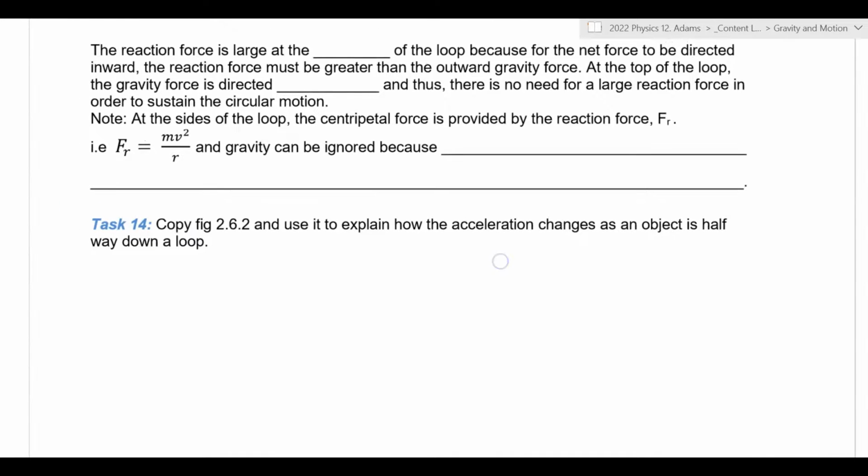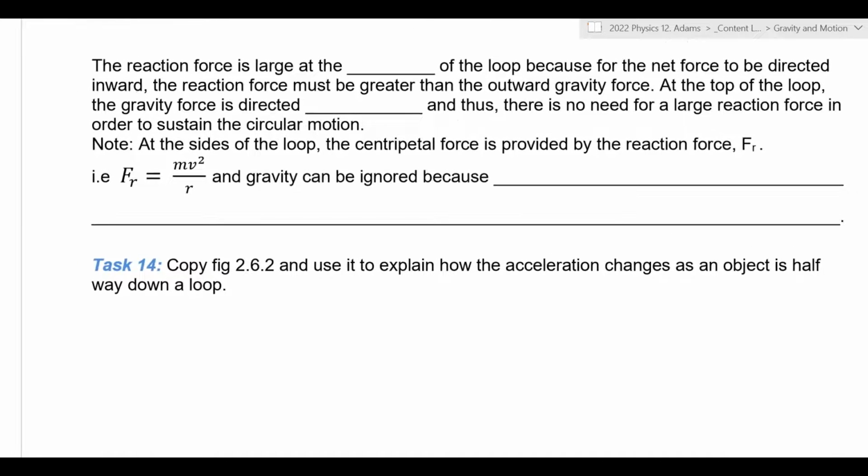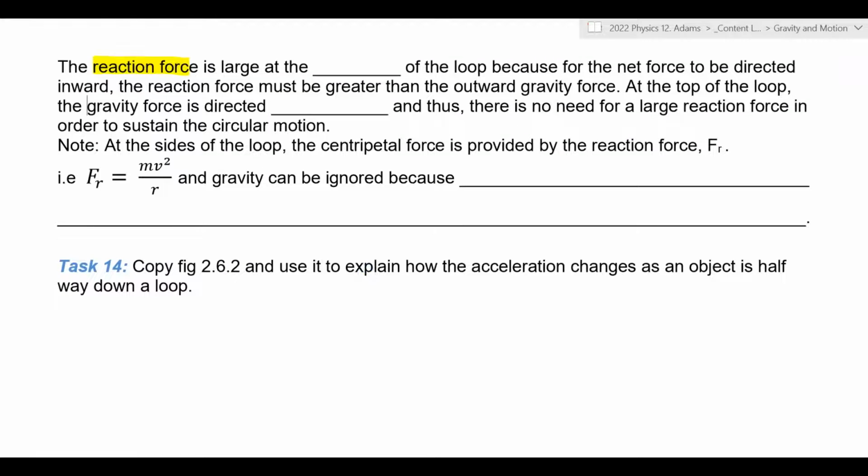Let's look at this concept of how reaction force influences how heavy you feel. Let's go through it. The reaction force is large at the bottom here of the loop, because for the net force to be directed inwards, the centripetal requirement, the reaction force has to be greater than the outward gravity force.